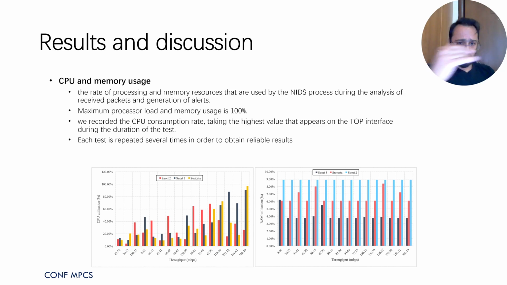We have various throughputs until 320 megabits per second. So we recorded everything, and we came into these graphs and these results from the top monitoring.